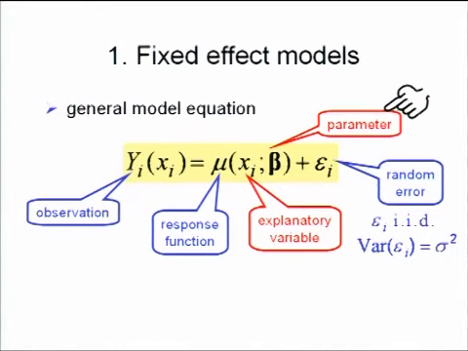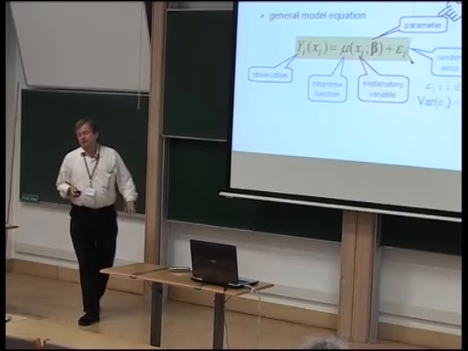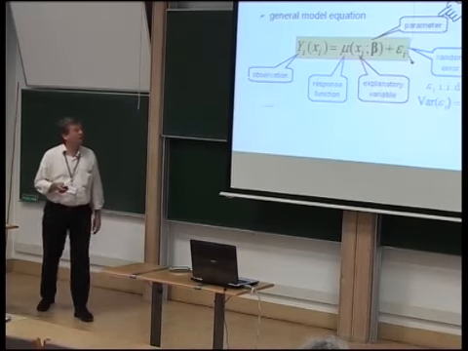We have a response function which will give us the effect of this explanatory variable on the outcome, and there will be some unknown parameters which we are interested in, and as we are doing statistics, there will be random errors somewhere around. And for simplicity, I will mostly assume that we have homoscedastic errors and things are independent and don't have to care about further difficulties occurring.